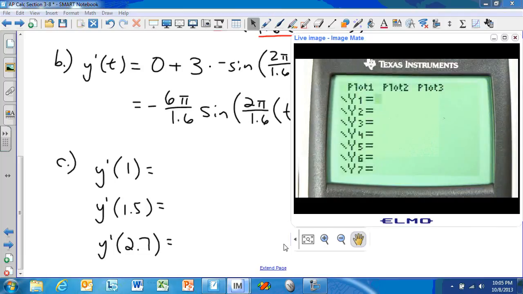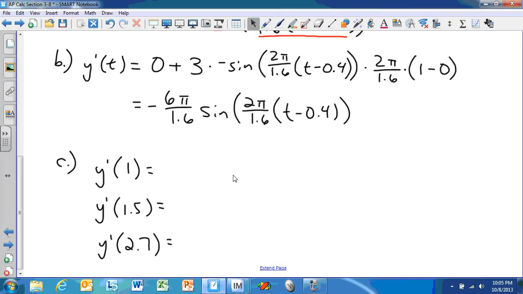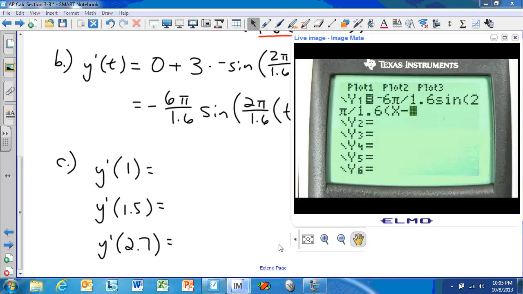So we end up with negative 6 pi over 1.6 times the sine of 2 pi over 1.6 times x minus the 0.4. Okay, so there's our derivative function in y1.